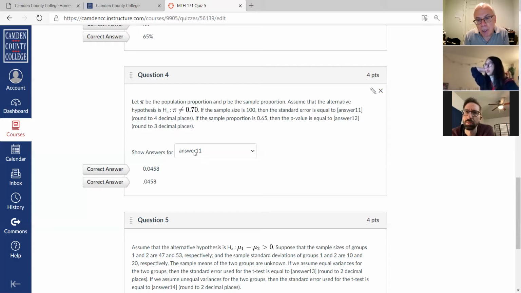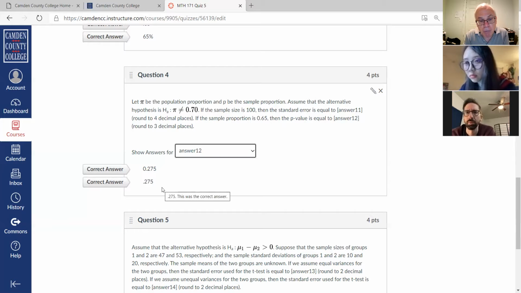Then you get your test statistic, and then the probability of getting that negative test statistic or smaller is going to be 1/2 the p-value, because remember, it's a two-tailed test. So then you have to multiply that probability by 2, and you should have gotten 0.275 as your p-value.